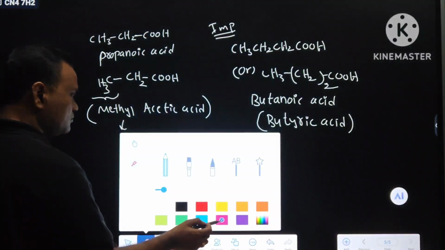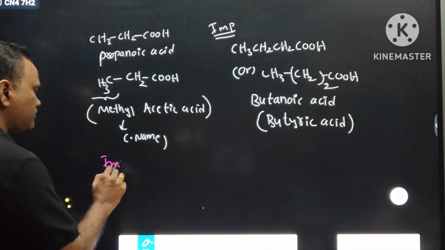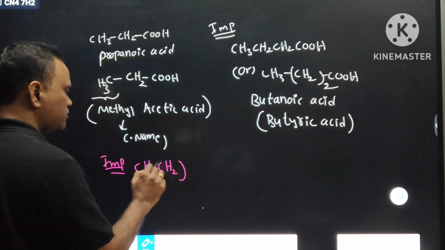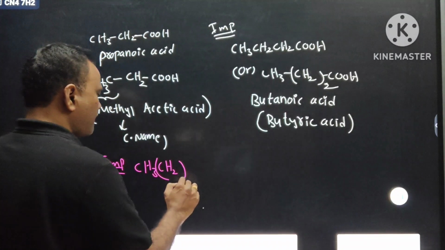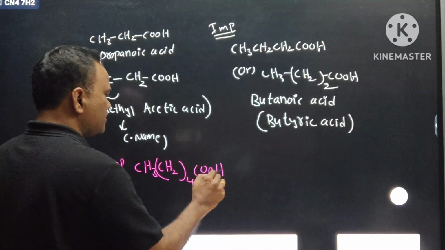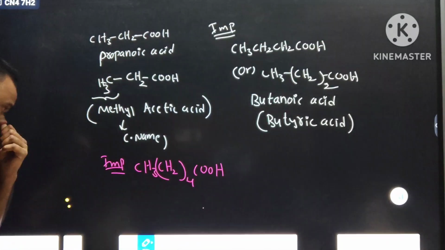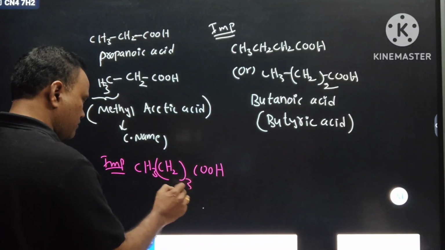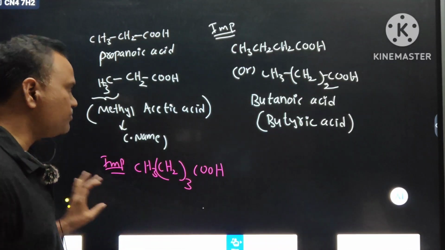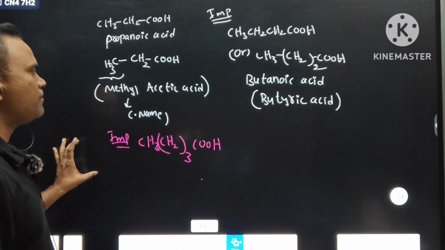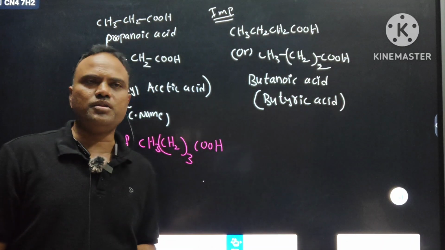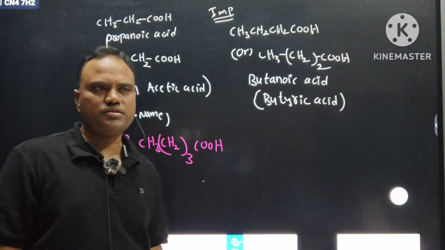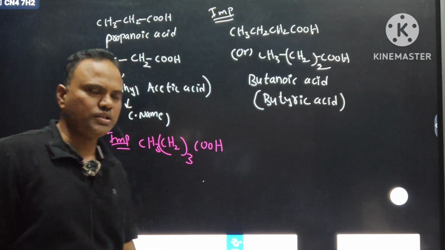Next important one. CH3, CH2. See, you tell me, total how many carbons are present in this? Now tell me. It has 5 carbons. A carboxylic acid with 5 carbons is generally called valeric acid.